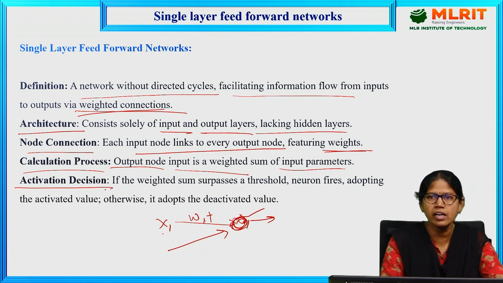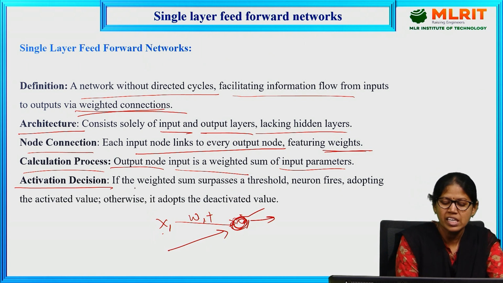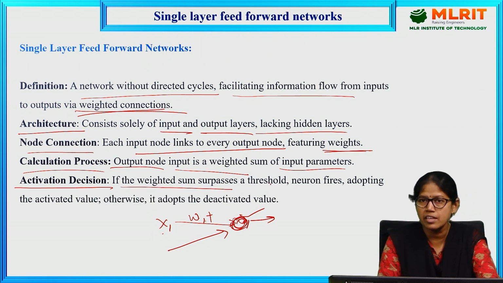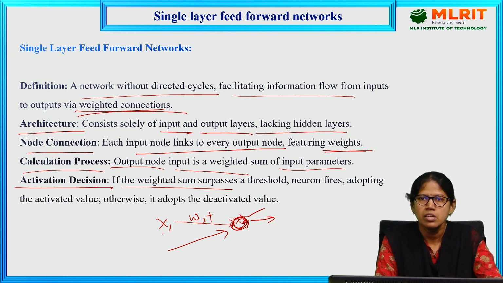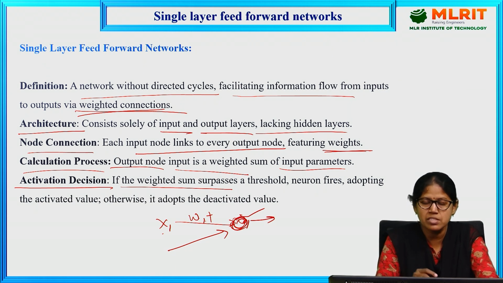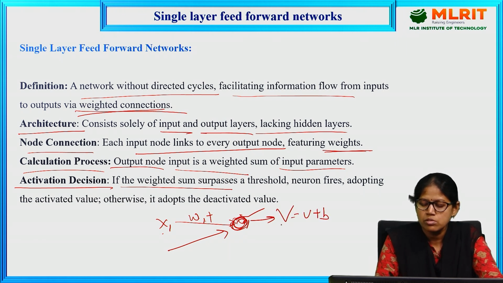Next, how the activation decision works: if the weighted sum surpasses a threshold value. In the previous session, we saw the activation functions: step function, ramp function, sigmoid function, and Gaussian function. We take one of those functions and apply it to the value V. Already we have seen V equals U plus B. If V is greater than or equal to the threshold, the value will be 1; if it is less, it will be -1.